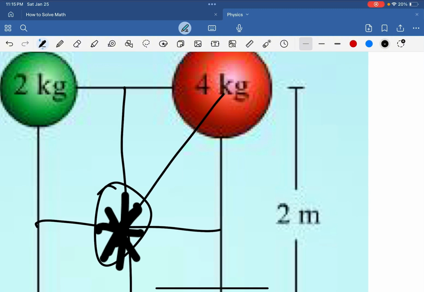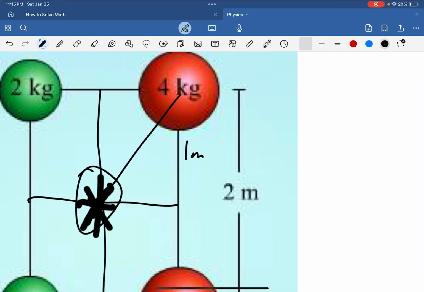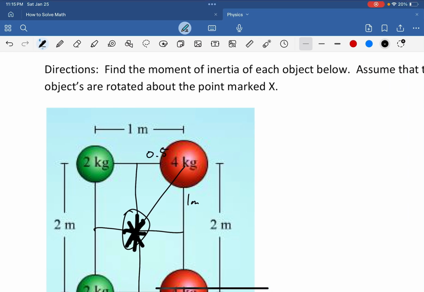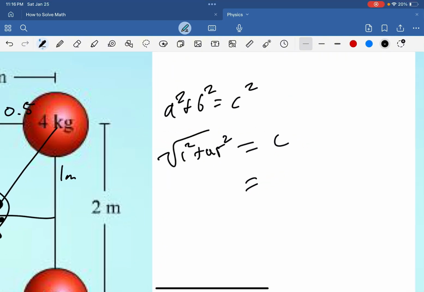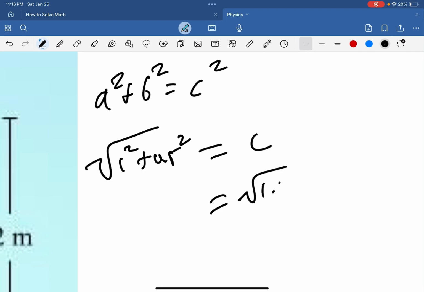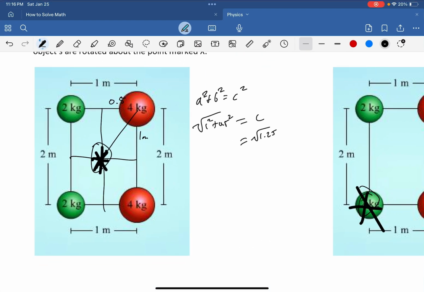So we have 1 meter on this side because there's 2 meters in total, and then 0.5 meters on that side, which means that our hypotenuse, knowing that a squared plus b squared is equal to c squared, is going to be the square root of 1 squared plus 0.5 squared, which is equal to c. Actually, don't even try and solve it. Just put square root of 1.25. That's going to help you later on because you don't want to write a bunch of decimals.